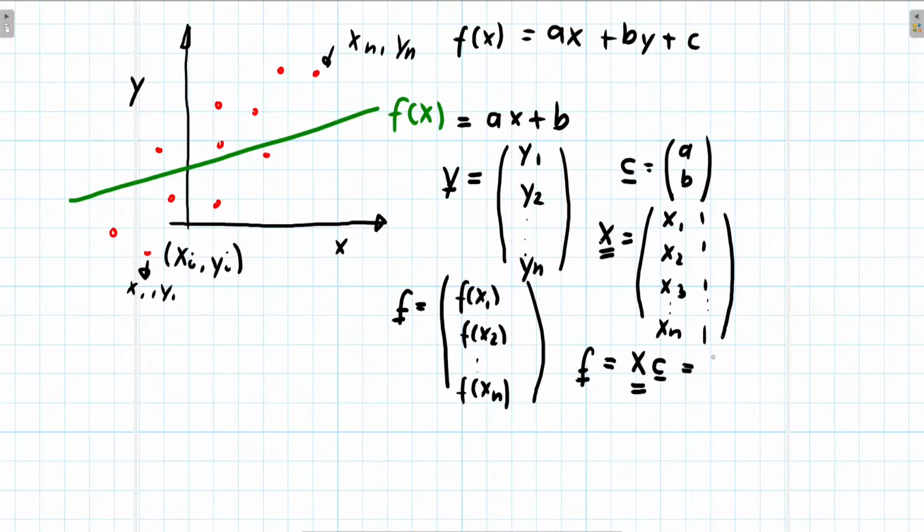And if you do that matrix vector product, you find that the result is ax1 plus b, ax2 plus b, all the way up to axn plus b. And that's exactly the purpose of that one here. So we can have a value for the intersection of the line with our y-axis.